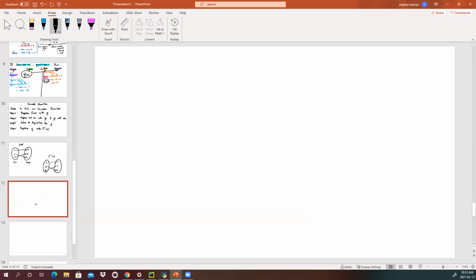So let's go ahead now and see if we can work out the reverse of some functions here. We're going to be using the steps that we identified earlier.